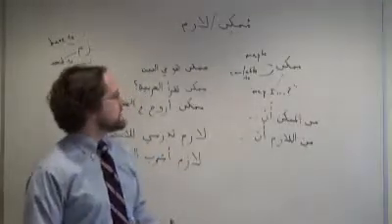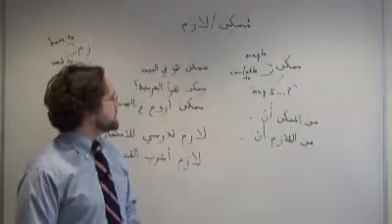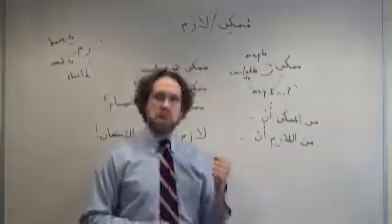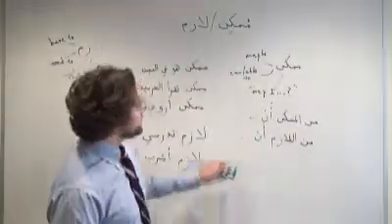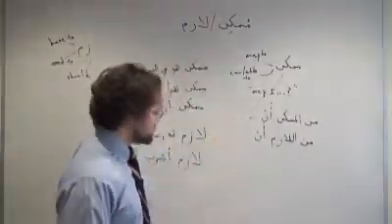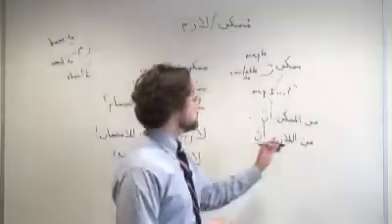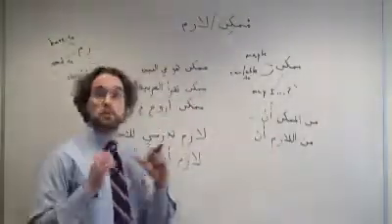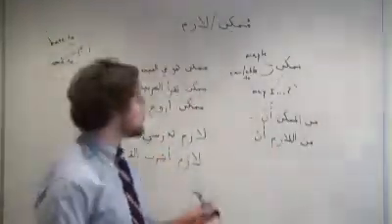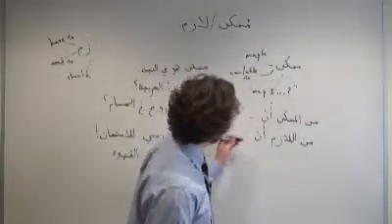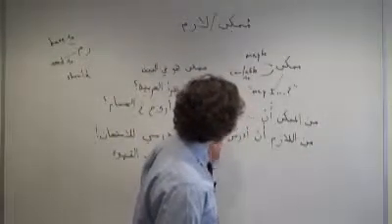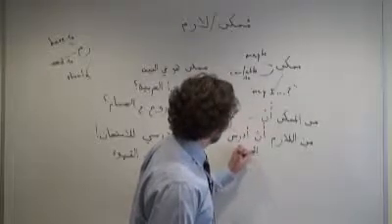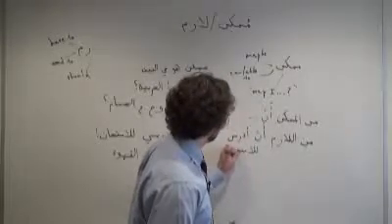But just as an example, if we wanted to say, I have to study for the test in Fusha, in formal Arabic, we could express the same idea using pretty much the same words. Instead of لازم أدرس للامتحان, I have to study for the test, we could say من اللازم أن أدرس للامتحان.